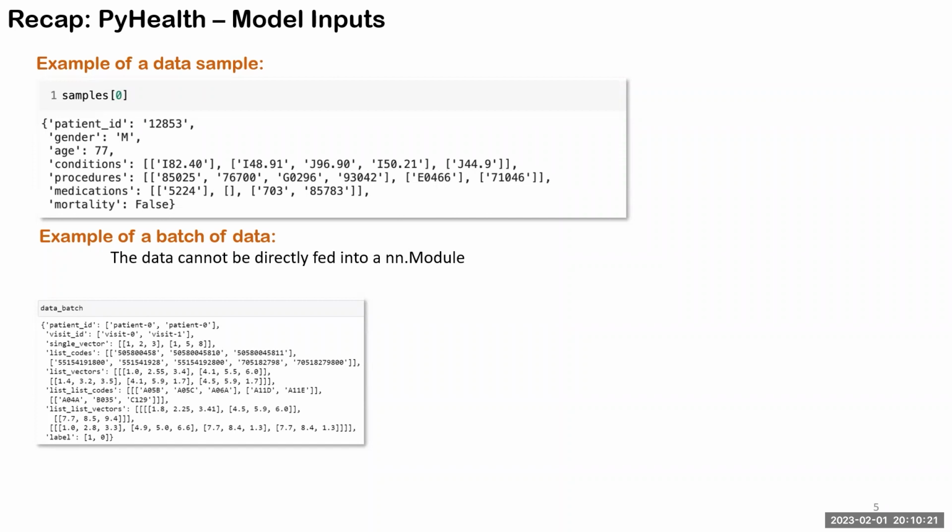Here we have a patient with patient ID 153, and a bunch of other features, including gender, age, conditions, procedures, medications, etc. That's one single data instance, and typically you will have a data loader that can produce a batch of data, and this data batch is what we will be feeding into our model.